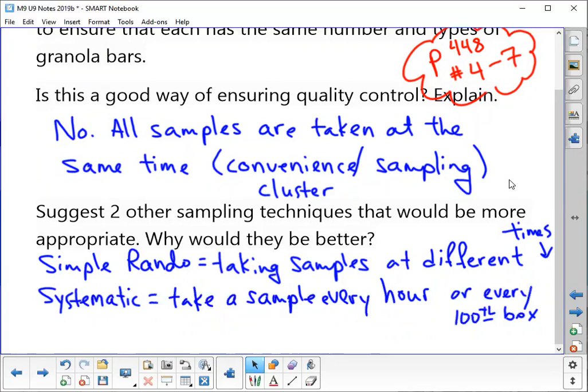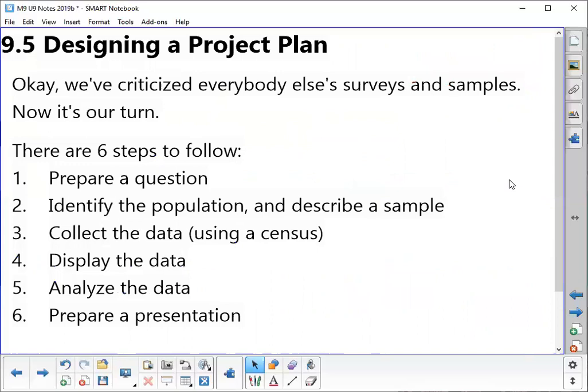Or, and honestly, this is probably going to be your best technique, a systematic one. Take 1 sample every hour or every 2 hours, or just test every 100th box that comes off the assembly line. Either of those 2 techniques would be better than just grabbing the first 5 boxes of granola at the beginning of the day. And that is the notes.